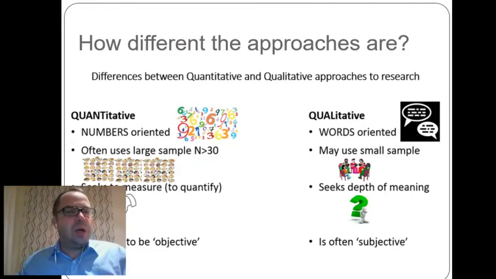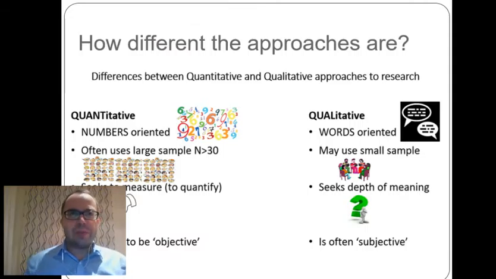You need to use a big sample, probably more than 30 people to survey, for example, or to send out 30 questionnaires. It should be very much measurable so that you can quantify the data, and at the same time that gives you an idea to be objective, not subjective. Preciseness, I beg my pardon, preciseness will be a feature of your quantitative approach.